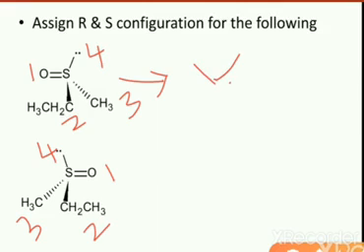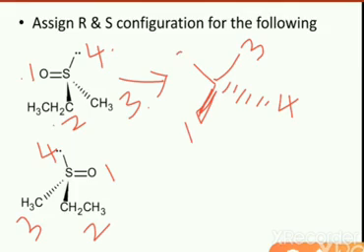Here we have this away from the viewer, and this is towards the viewer. Here we have 3 and 4. Our aim is to bring 4 away from the viewer, so we are bringing 4 here and 3 here. We did one interchange, and one interchange will change the configuration, so we need to do another interchange. So we'll change this 1 and 2.